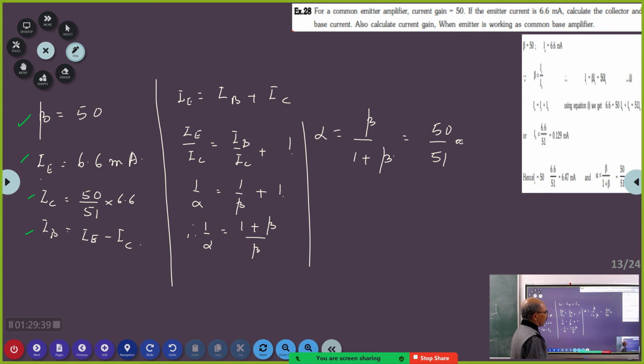Common base configuration, and alpha. So this is IE and this is IC, alpha. We will calculate alpha for this.